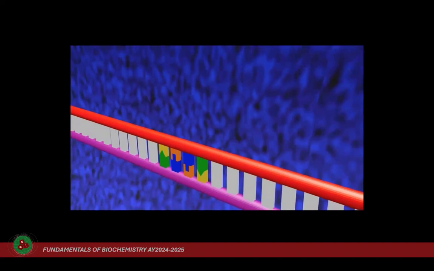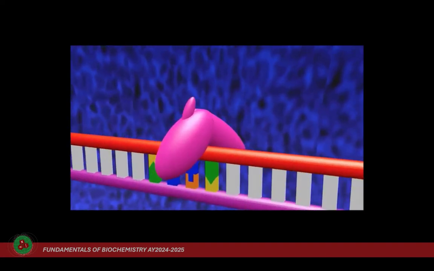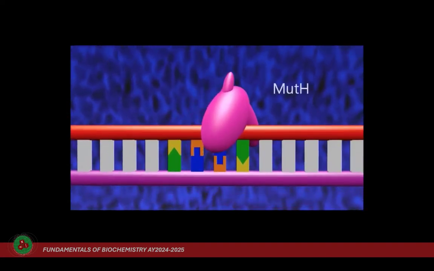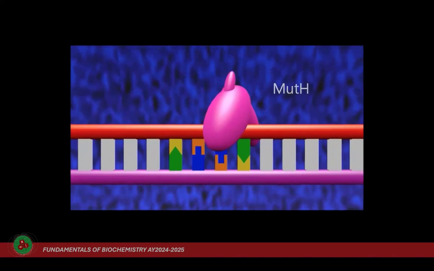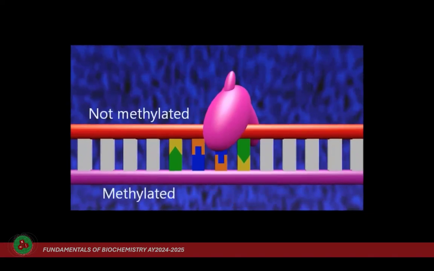MutH is a weak endonuclease, which will create a backbone incision between the guanine and adenine residues on the newly synthesized strand when activated. MutH is able to differentiate between the newly synthesized strand and the template strand by the lack of methylation markers on the newly synthesized strand. This is why the pathway is also known as methyl-directed mismatch repair.